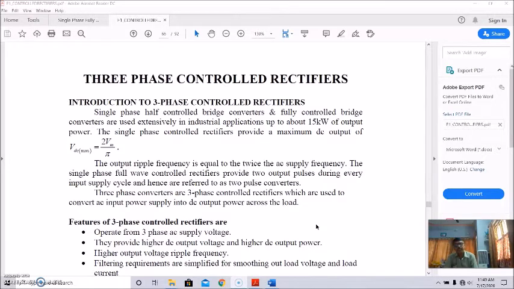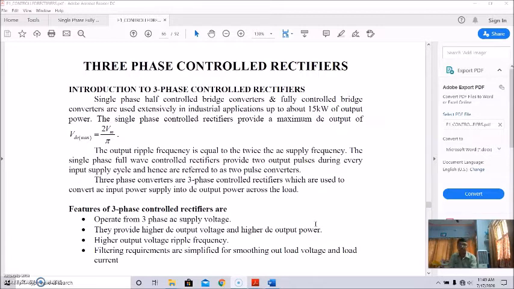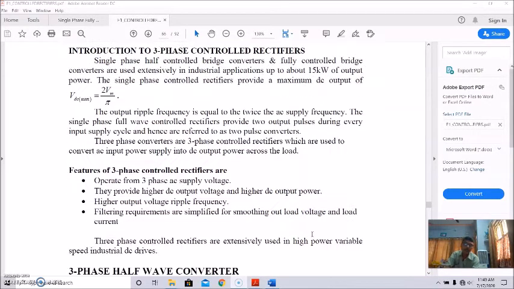The main features of three-phase control rectifiers are that they operate from three-phase AC supply voltage, and they provide higher DC output voltage and higher DC output power, and higher output voltage ripple frequency, so filtering requirements are simplified for smoothing out load voltage and load current. And these three-phase control rectifiers are extensively used in high-power variable speed industrial DC drives.